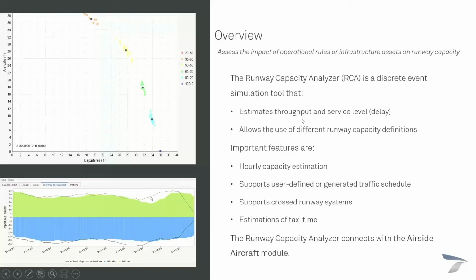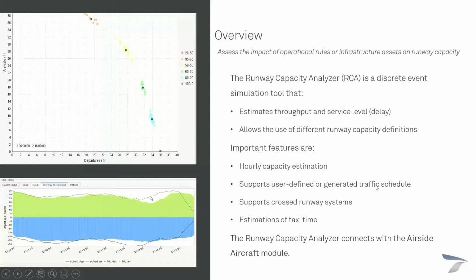Okay. A feature of this module is that it provides you an estimate of hourly capacity. It also supports traffic schedules that can be user defined or generated by the tool itself. So if you have a design day flight schedule, you can import that into AirTOP and make your capacity assessments based on that schedule.